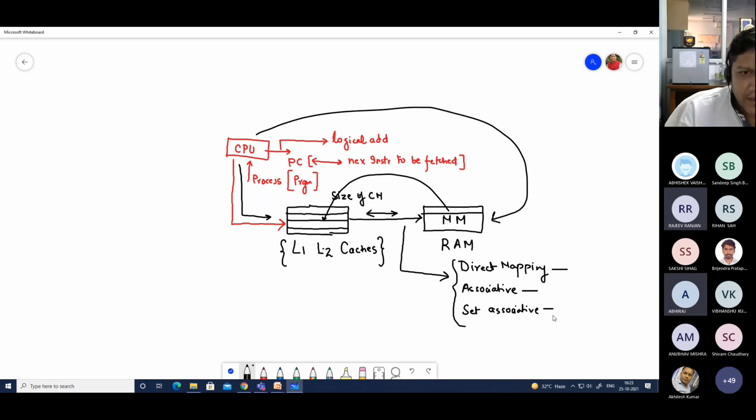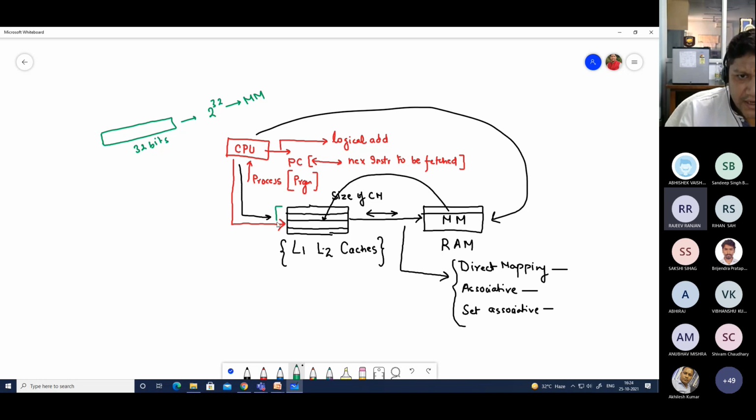So what is happening? That's the interesting stuff. If you remember, if your program counter is of 32 bits, it can address 2 to the power 32 locations of main memory.